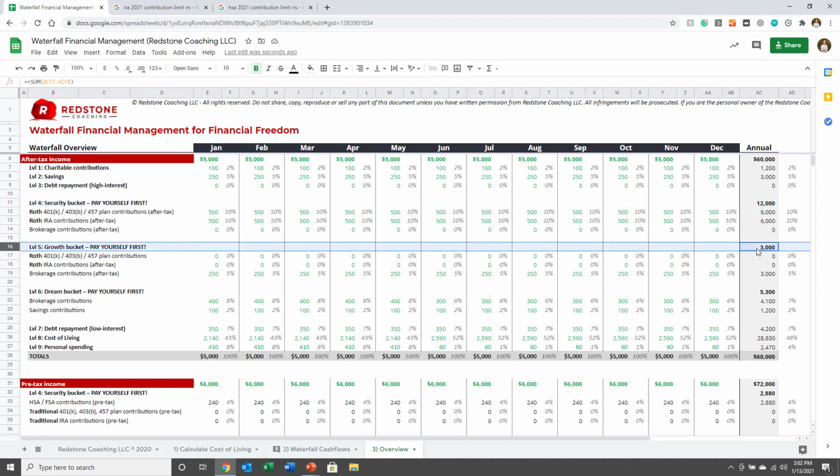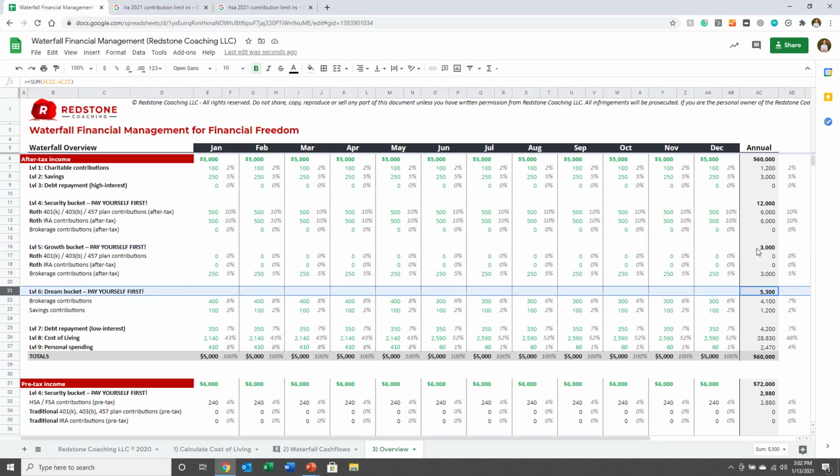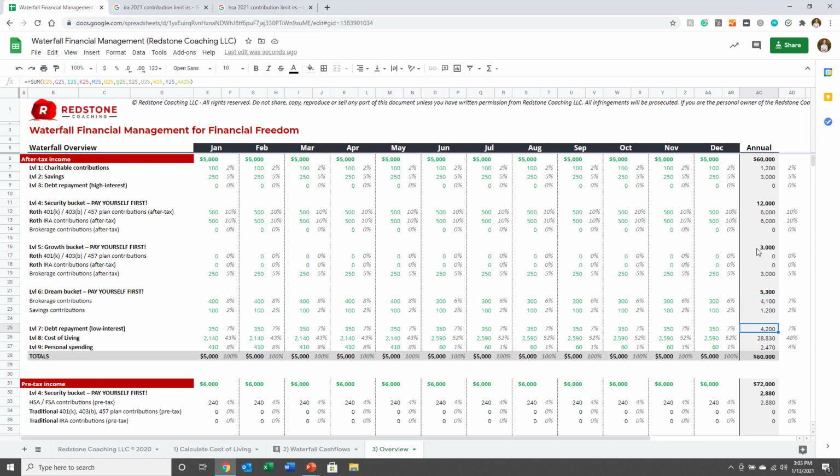You've invested $3,000 into your growth bucket, and you've put $5,300 into your dream bucket, and then you've put $4,200 towards your debt repayment for low interest, and you've set aside, or you've spent, $28,830 for your cost of living, and then personally you've spent $2,470. And in total, your total income at the bottom here is the same as how much after tax you earned for the year.